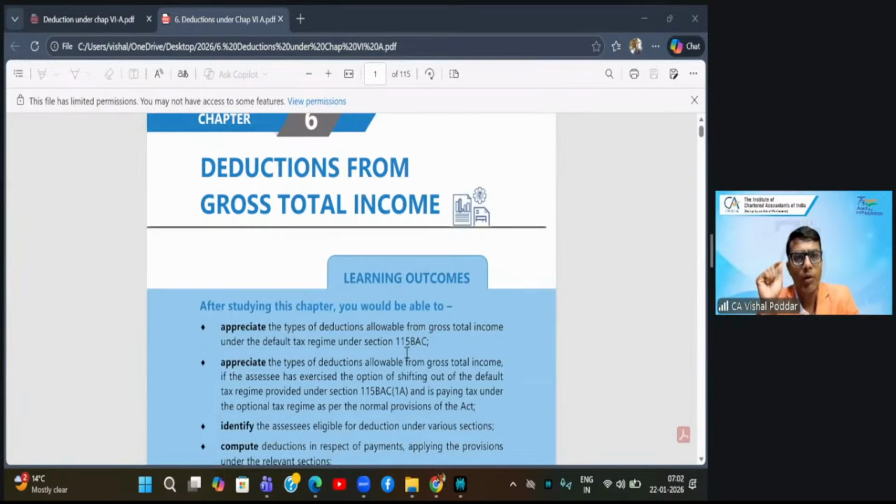So, deductions happen at two levels. One, when you are computing any particular income, what is income? Income is the difference between the receipts and the expenses. So, let us say you are running a business. This is the simplest example to understand what exactly deductions are. When you look at a business in accounts, we draw a trading P&L account.